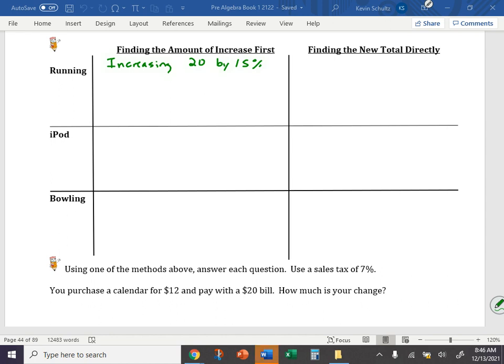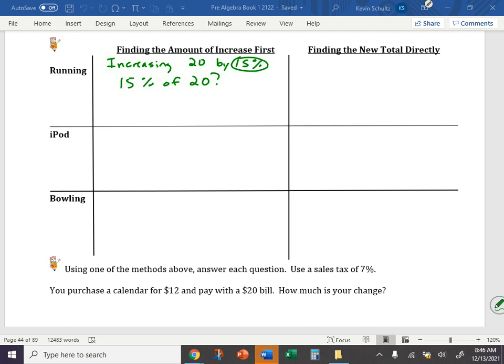To find the amount of increase first, we want to focus on this 15%. We're asking ourselves here, what is 15% of 20? Because we aren't increasing this by 15 miles. It's a percentage, 15%. The amount of that percent is going to depend on the whole, what we originally start with.